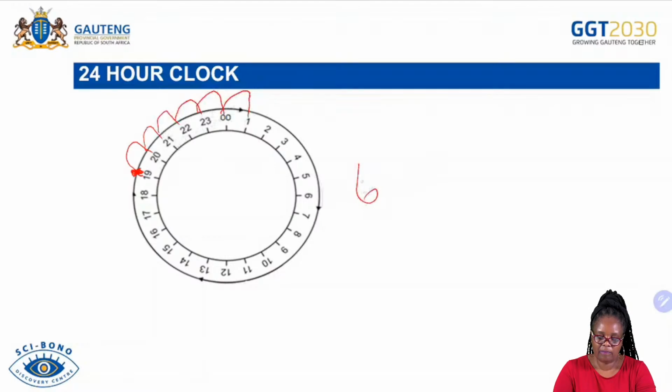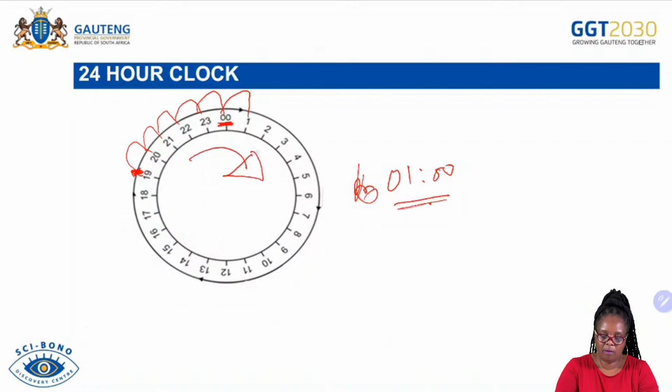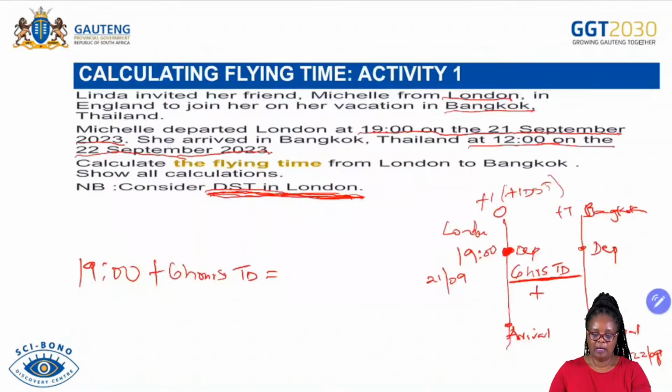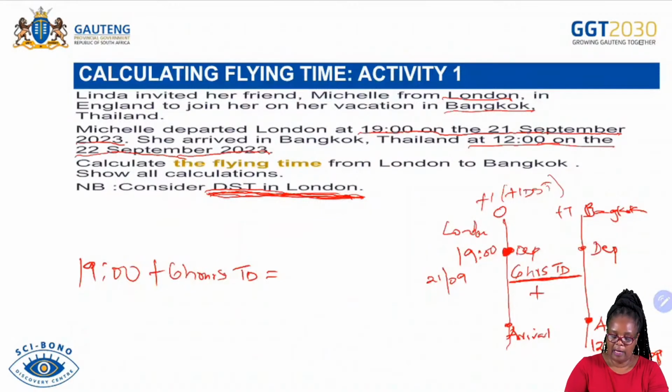Then we get 0100 hours. Be aware that we passed midnight, going clockwise. So 19 hours plus 6 hours time difference, we get 0100.